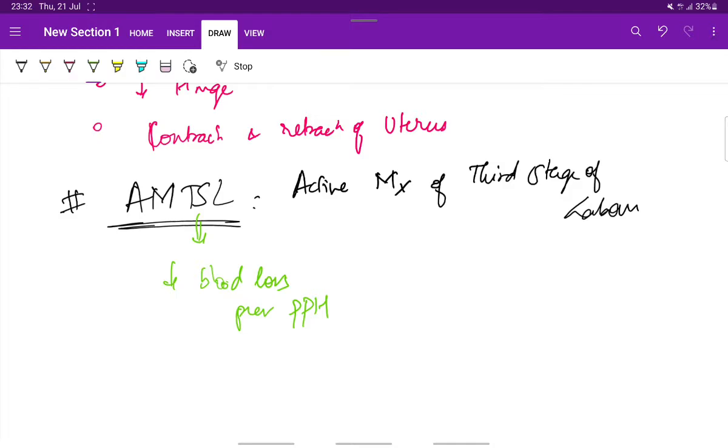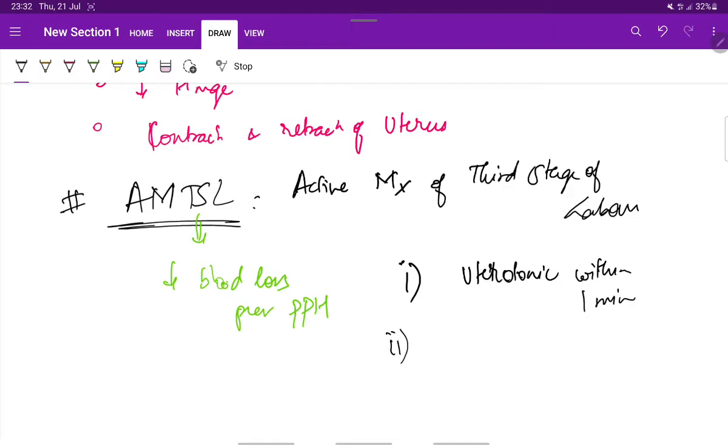The active management of third stage of labor includes 3 steps. First, administration of uterotonic. Oxytocin is usually preferred within 1 minute of the delivery of the baby.